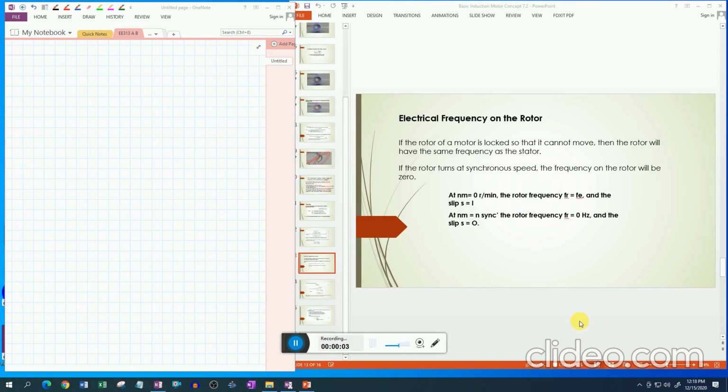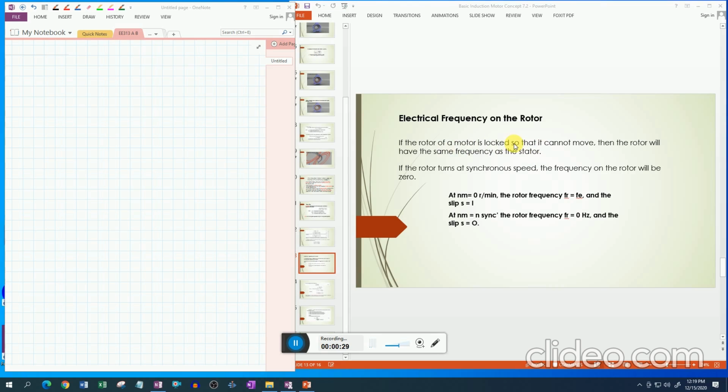Now the third part which we have to study in this lecture is the electrical frequency induced on the rotor. Let's say if the rotor of a motor is locked so that it cannot move, then the rotor will have the same frequency as the stator. So if the rotor of a motor is locked, it behaves the same as a transformer.